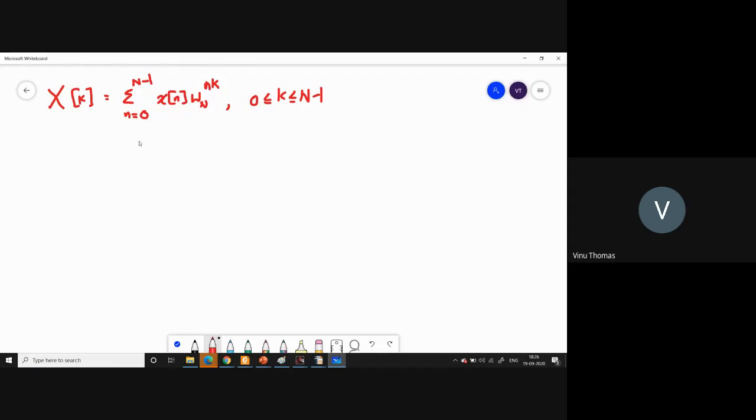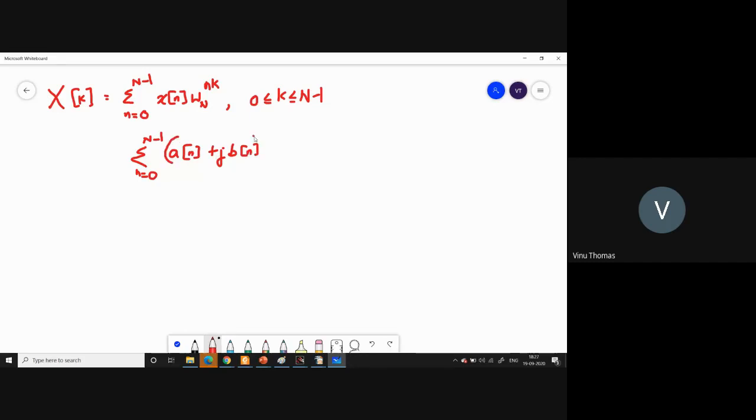X of n can be a complex sequence. I told you that in general, X of n can be a complex sequence. So what I will just write here is sigma n equal to 0 to n minus 1. Assuming X of n is a complex sequence, you can write a of n plus j b of n. So that is my X of n.